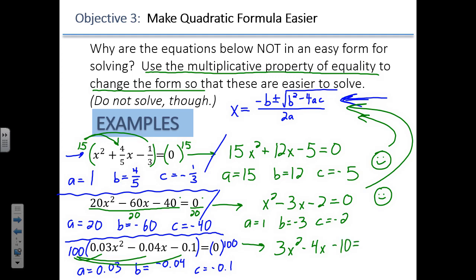Much easier coefficients to work with. Here, a would be 3, b would be negative 4, and c would be negative 10. Again, very easy to plug into the quadratic formula. I trust that you could plug those in. I'm not going to have more examples of that, but know that that's an algebraic trick that we can use to make our work easier.